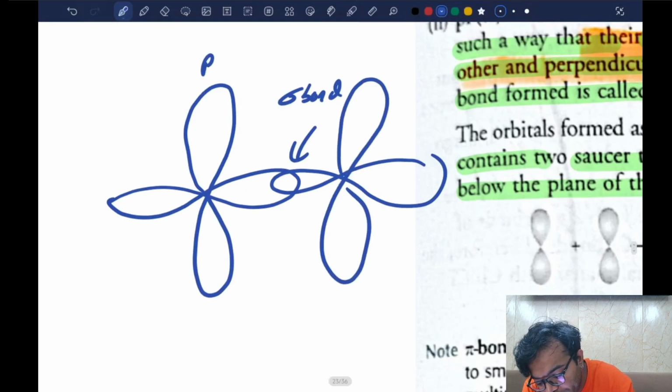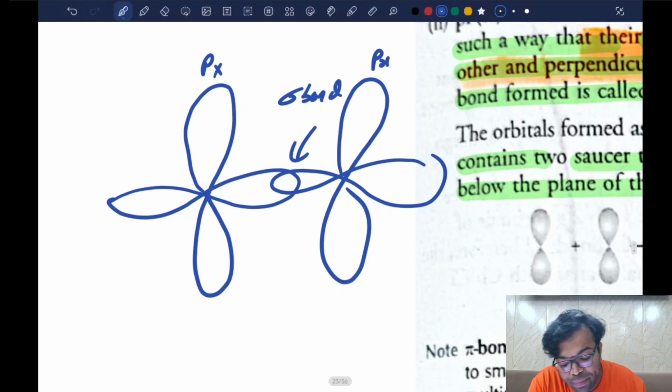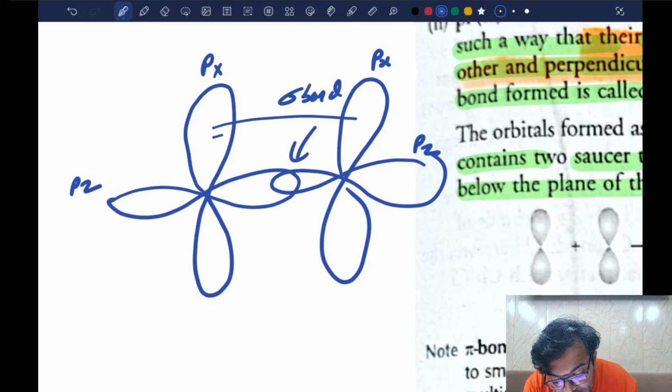Let us call them px and px. I'm only interested in showing you the px. This is the pz orbital. Now this px and px can have a sideways overlap like this.